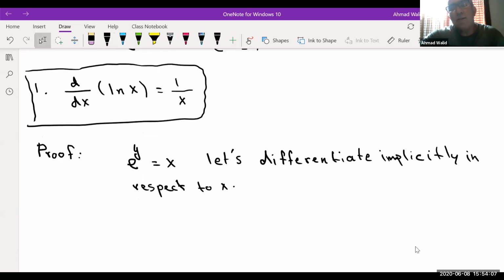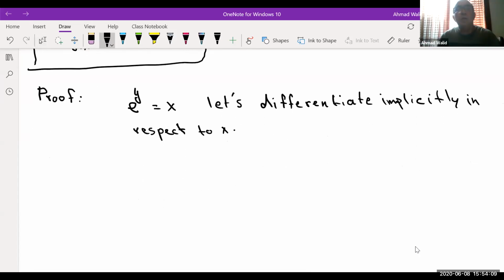In calculus 1, you learned how to differentiate a function implicitly. I will use that method to prove that d dx of ln x is 1 over x. Our equation is e to the y equal x. Let's take the derivative of both sides in respect to x.